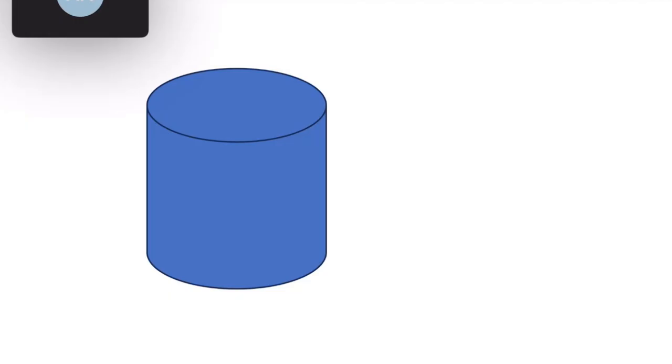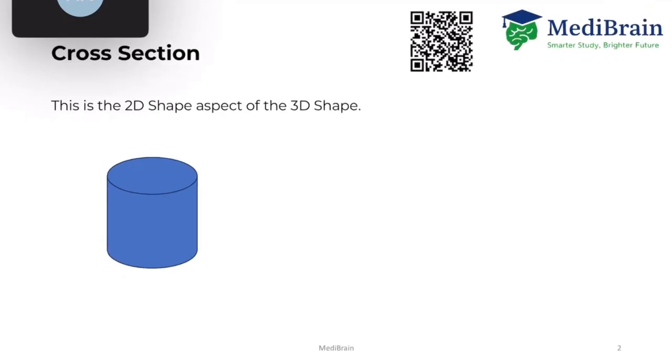The 3D shape is the cylinder. The 2D shape is the circle. The circle is the shape which goes all the way through the 3D shape. The circle is the actual 2D shape that is just being stretched. So the cross section of this cylinder is a circle because the 2D shape is the circle.